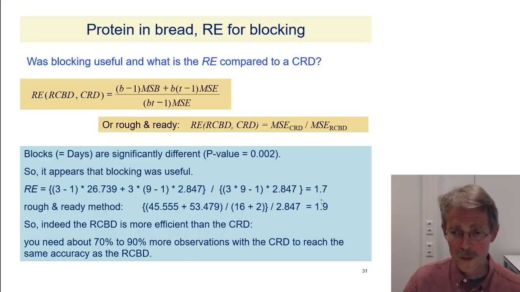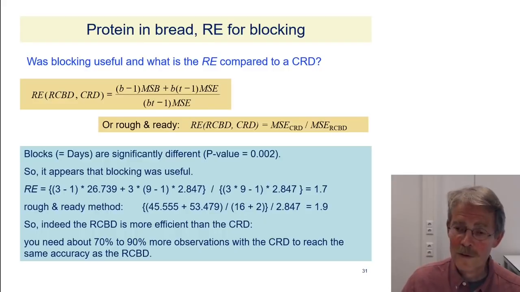So roughly speaking, if we take the average of the two, you need about 80% more observations without blocking to get the same precision as with blocking. So if you do blocking and you take care that you get all the treatment combinations within each day, you are more precise than when you randomly assign your treatment combinations over days.